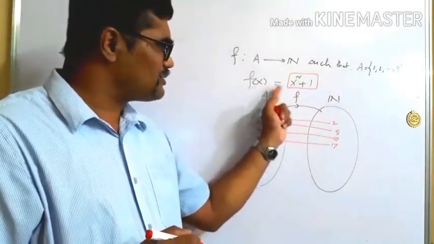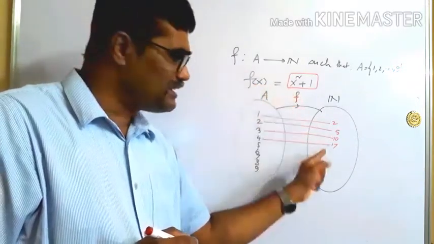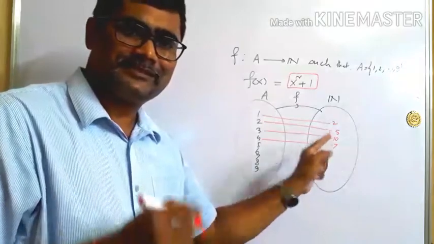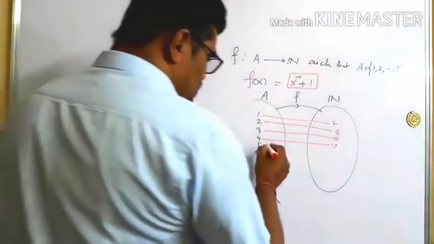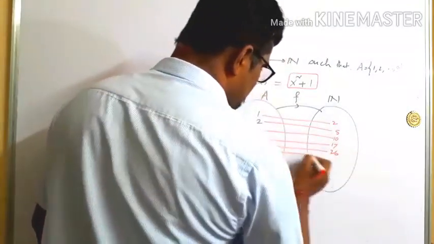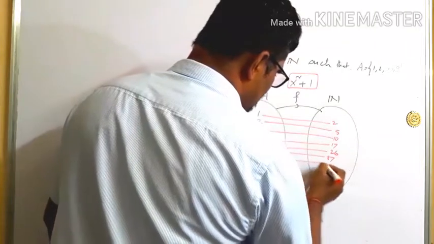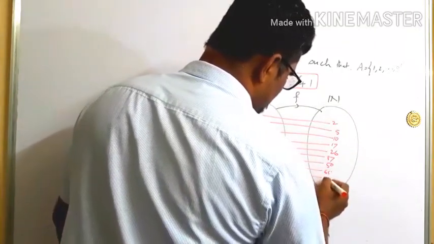That means if I give the input as 4, f(4) is the output, and this value is 17. Is that very clear to you? So now this 5, 25 plus 1, that is 26, 37, and then 50, 65, and 82.